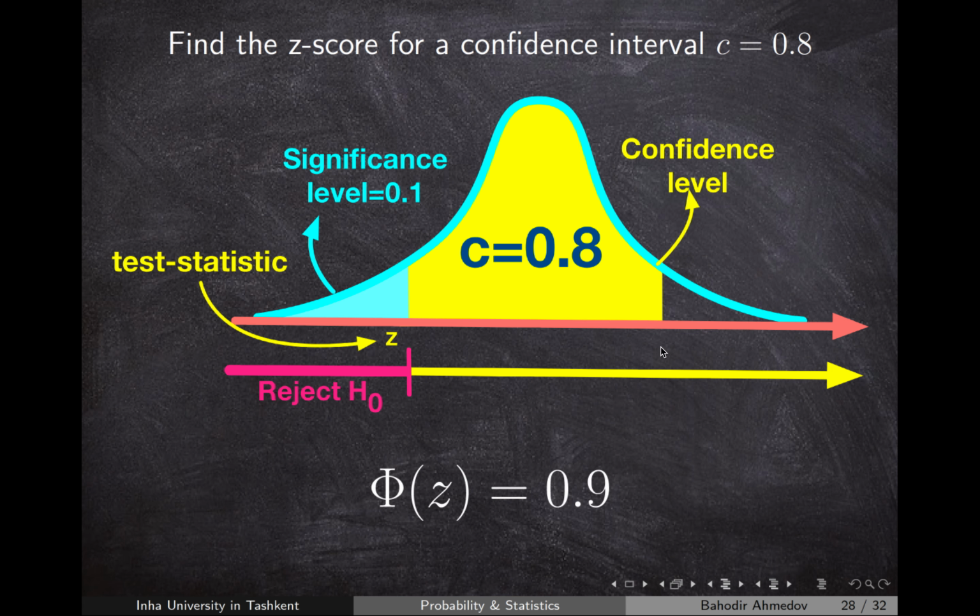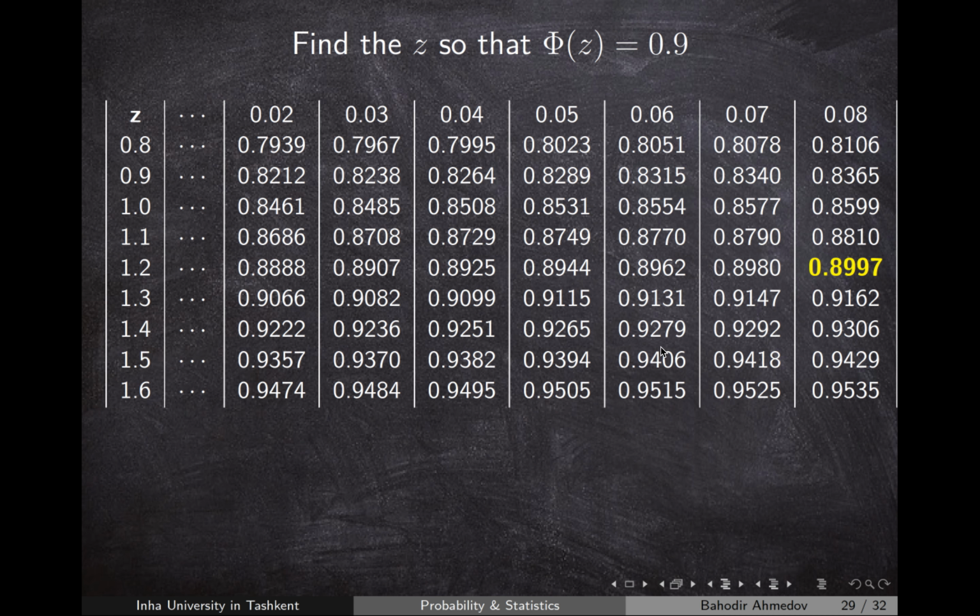So in order to find this value of the z, I'm going to go to the table again. Previously we found the value of the z, then we found the areas. So now we're given the area and we need to find the value for the z. So from this table, I'm going to find the closest value to 0.9. So this is going to be this value. And for this value, I'm going to find the value for the z.